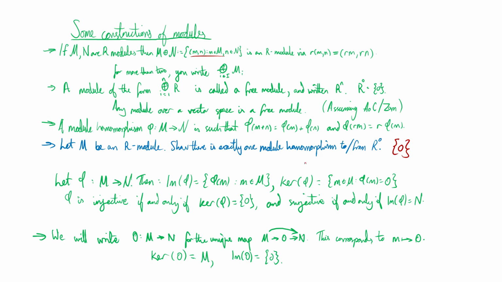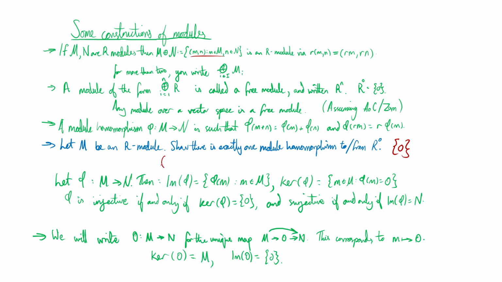That's the etymology of that, and so there is at least one module homomorphism to and from any module, namely this. We'll also write it 0, but it should be obvious from context what 0 is, the actual R to the 0. That's why I've not written that.